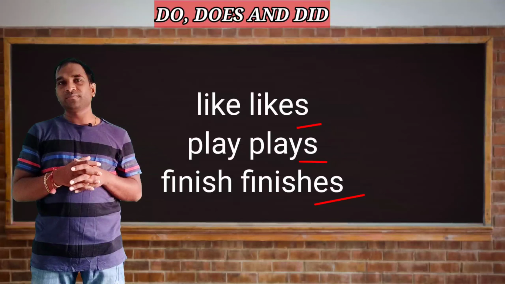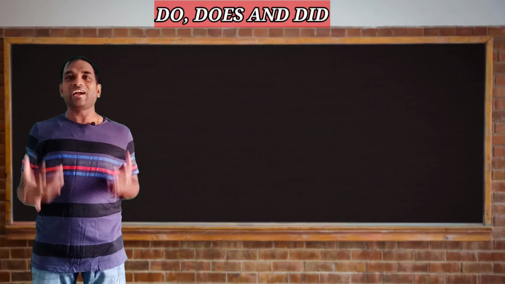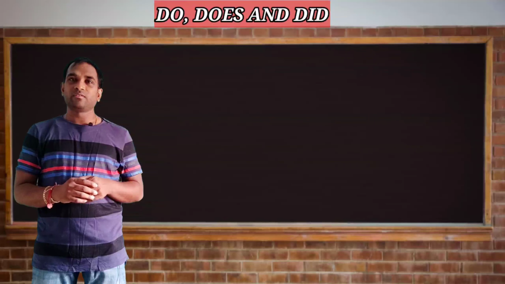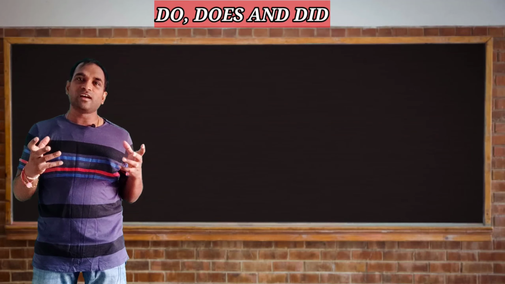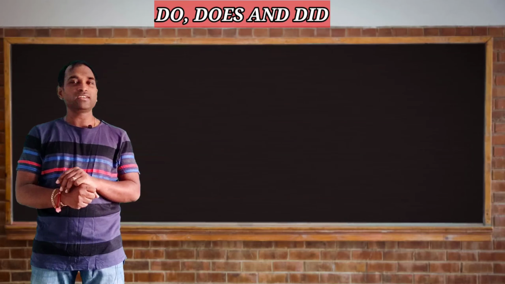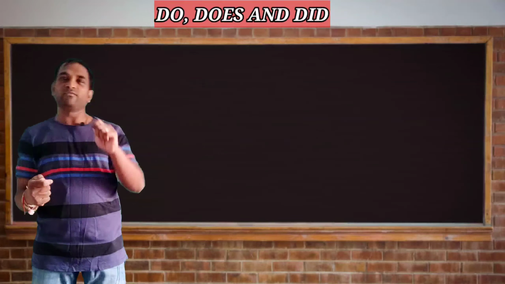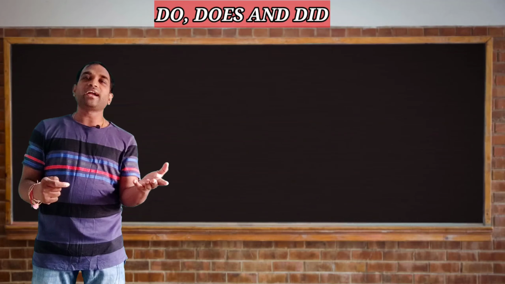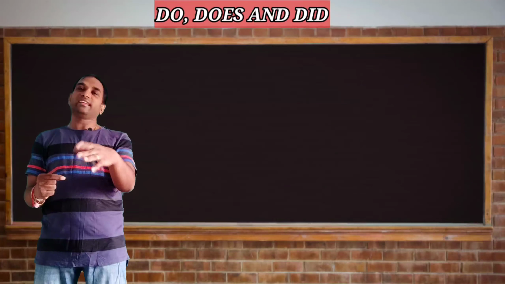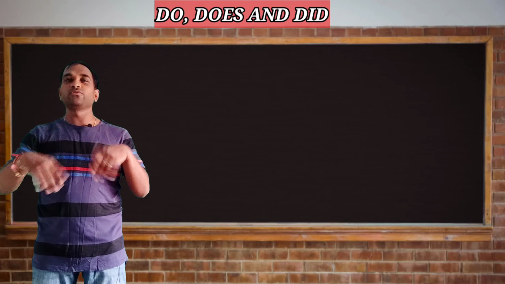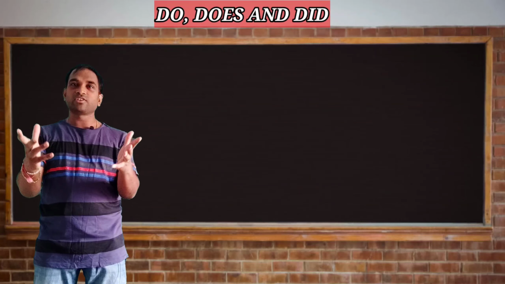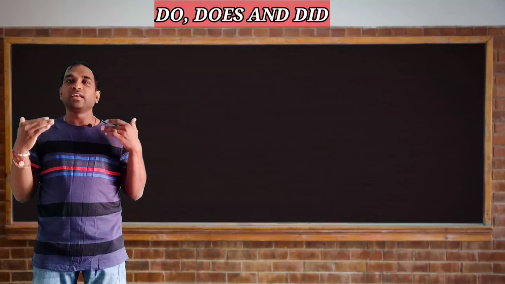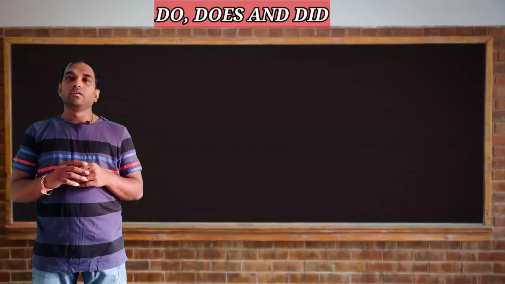Why is this s added to the verb? This is a confusion again, right? So where to use do and where to use does, why to add s or es, or why not to use it, such questions will have an answer in this session.